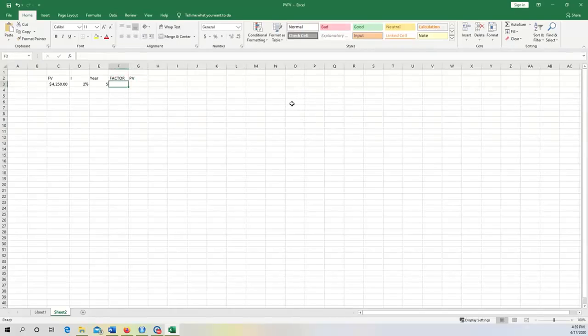First, select the cell, type equal, parenthesis, 1 plus this number, select the cell, closing parenthesis, raised to power, type this symbol, select the cell, and enter. This is the factor. But how to calculate present value? Present value equals future value, so select the cell, divided by factor, enter.